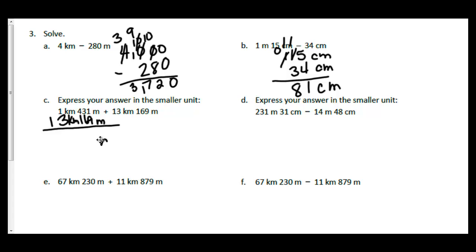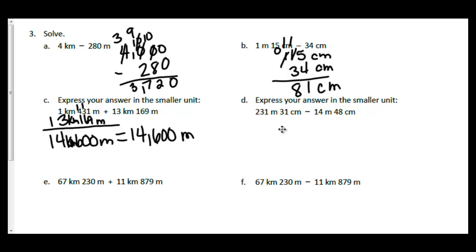So I've got meters, and I'm going to regroup here so that I have 10, 600 meters, and 14 kilometers. So I'm going to convert. So this is going to be 14,000 meters plus 600 meters, which would be 14,600 meters. See if you can try the next one by yourself.